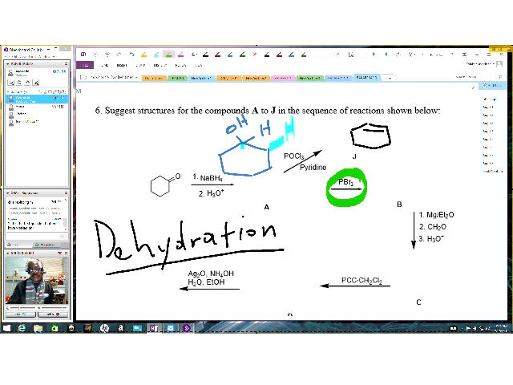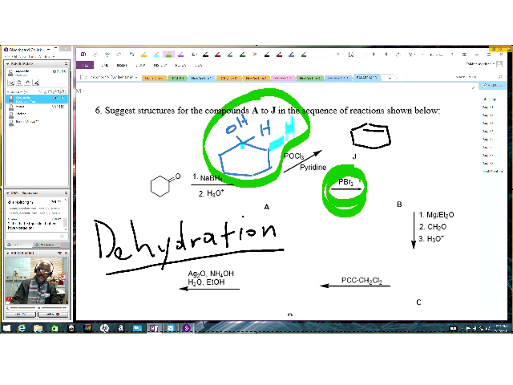Okay, now we have a secondary alcohol, which is this product here, and we are supposed to react this with phosphorus tribromide. So what does phosphorus tribromide do with a secondary alcohol? What do you expect to get here?